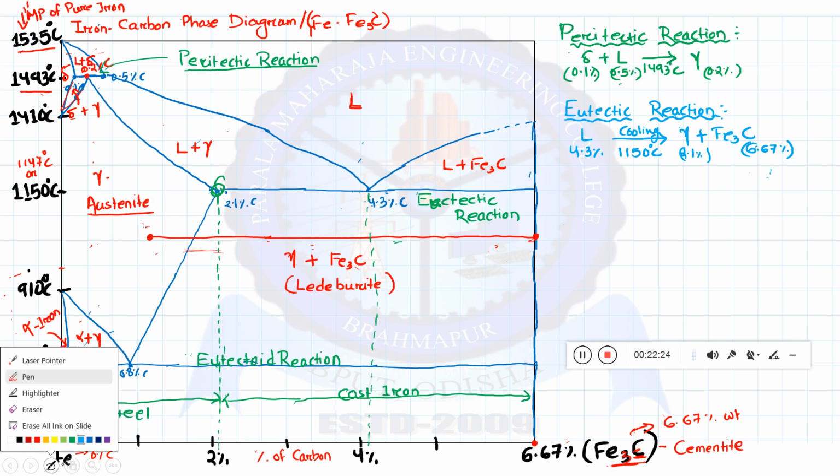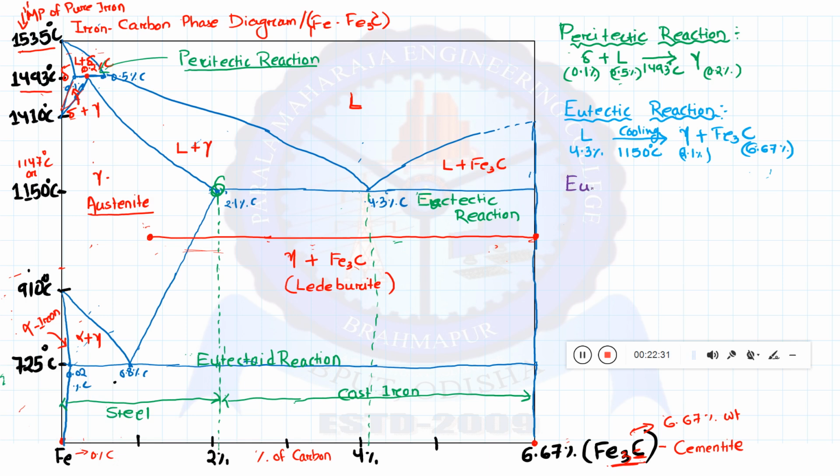Next is the third invariant reaction, the eutectoid reaction. So, what is the eutectoid reaction?